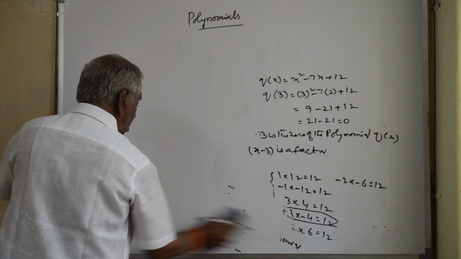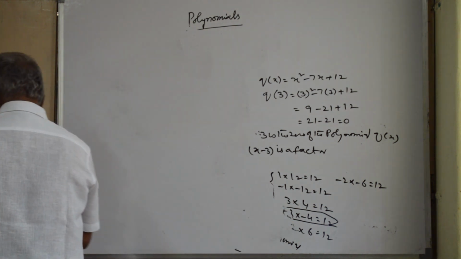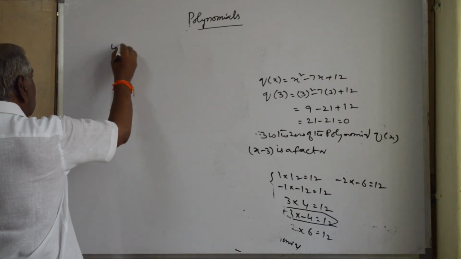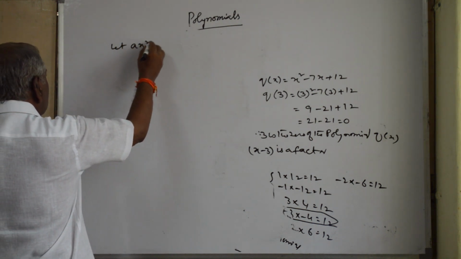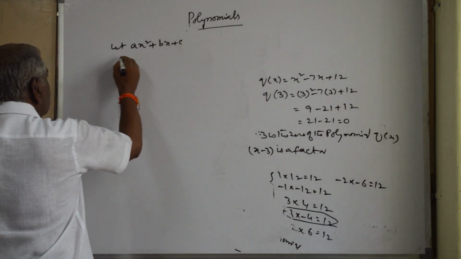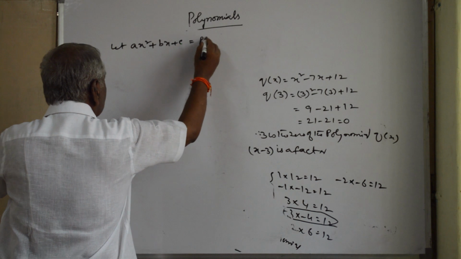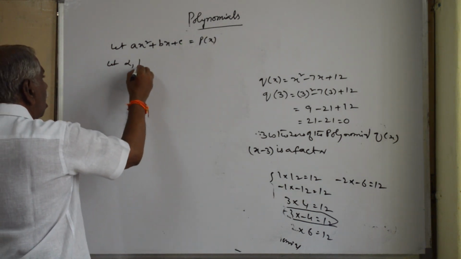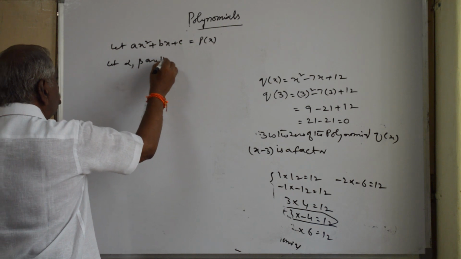Now, we have to find the general form of the sum and product of the zeros of a polynomial. Let ax square plus bx plus c be the expression which is equal to p of x. Let alpha, beta be the zeros of the polynomial.